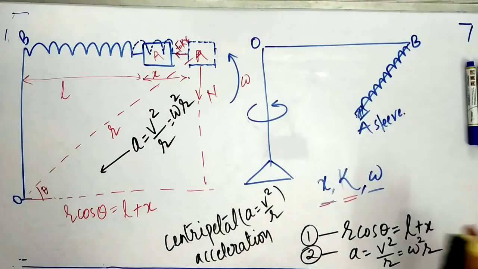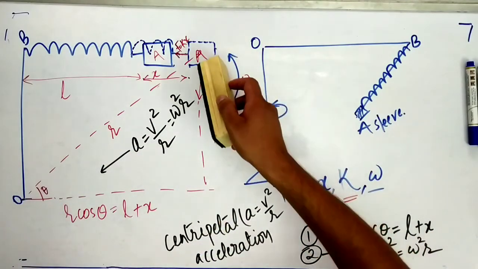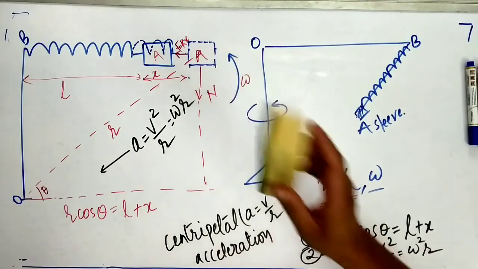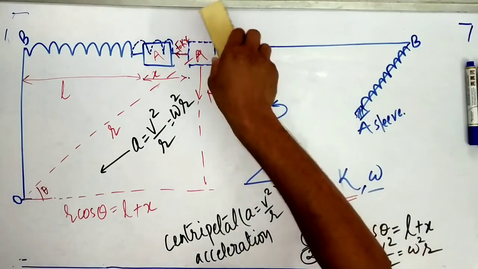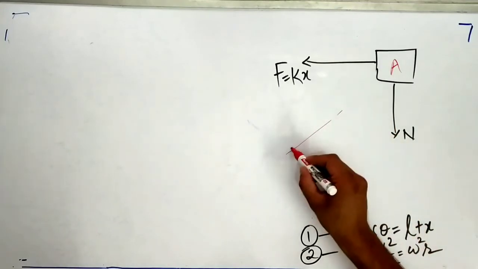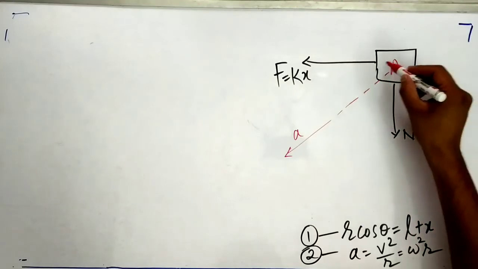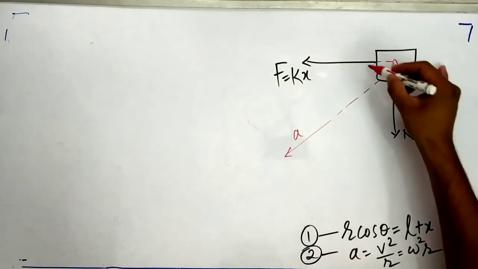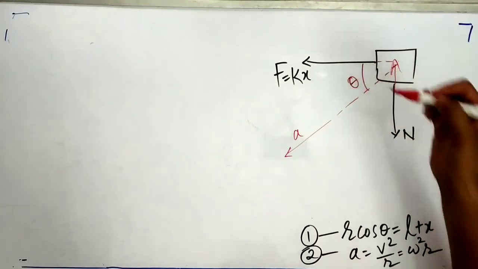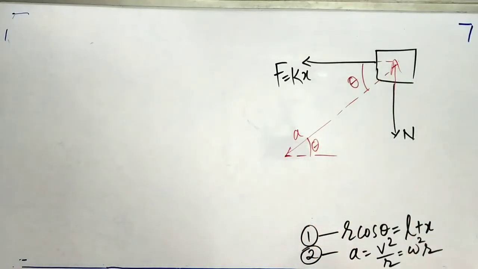I'm going to erase all other things and keep the sleeve with us and the forces acting on it. The acceleration is directed this way, a, where this angle is equal to theta, because we have assumed this angle to be theta.